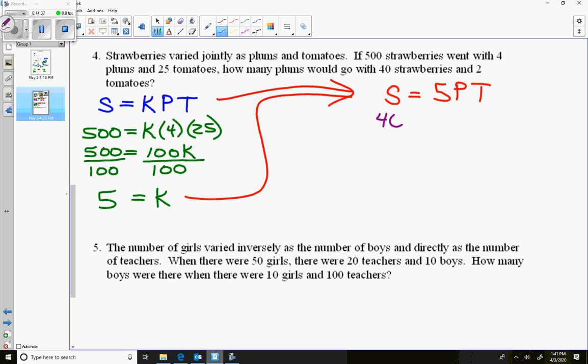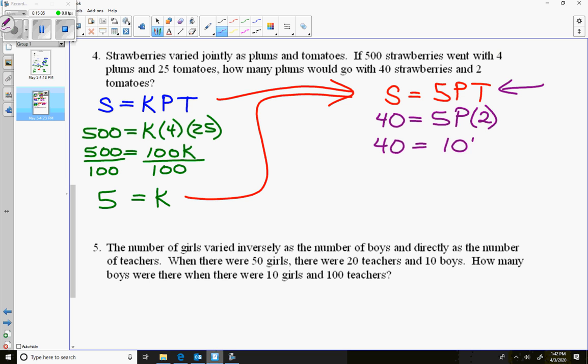So I've got 40 strawberries, unknown plums, and 2 tomatoes. So nobody said that whatever was on the left side of the equal sign had to be what you're solving for every time. Okay, this right here is still our prediction equation, but we're looking for the plums instead. Doesn't matter, just solve for your variable.